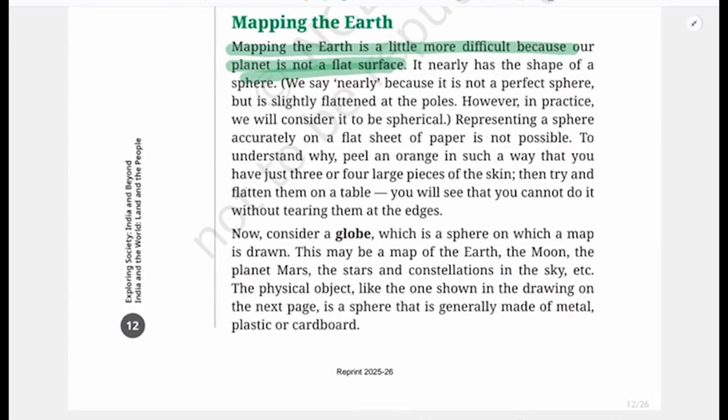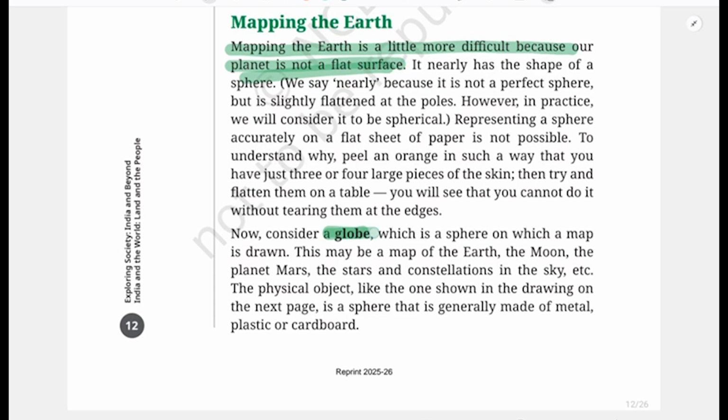So now we'll consider a globe. We all might have already seen a globe, which is a sphere on which a map is drawn. This may be a map of the earth, the moon, the planet Mars, the stars and constellations in the sky.